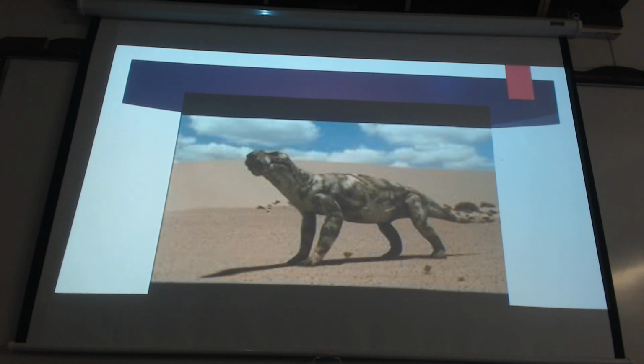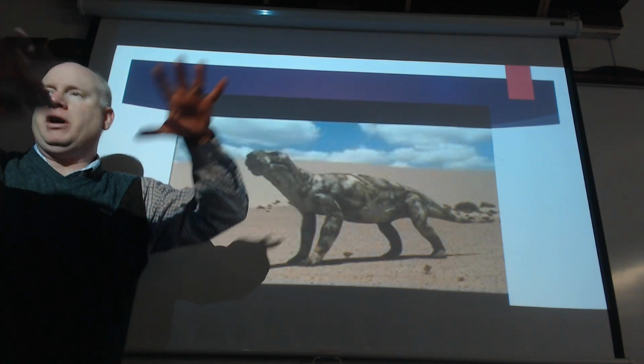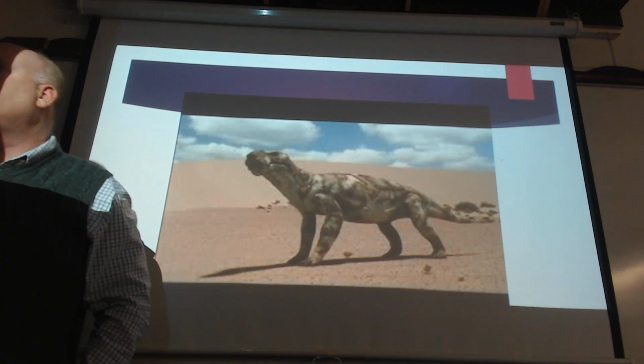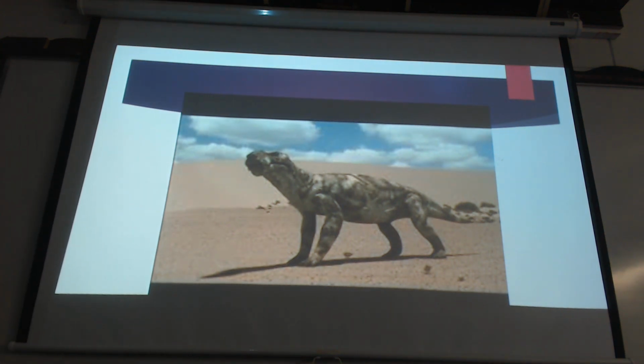The diversification of a group of organisms into forms filling different ecological niches. What that means is a common ancestor would spread out into different types of animals that would be successful for that. That is adaptive radiation.